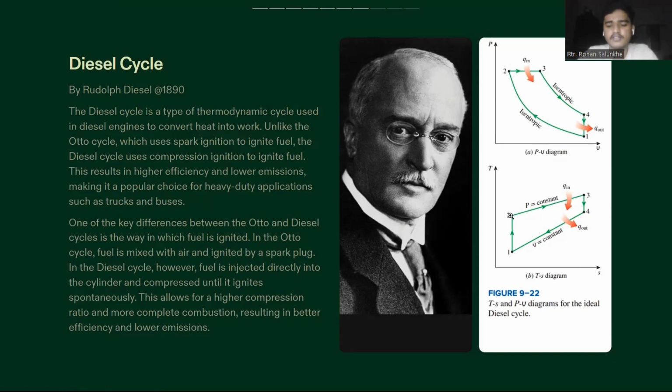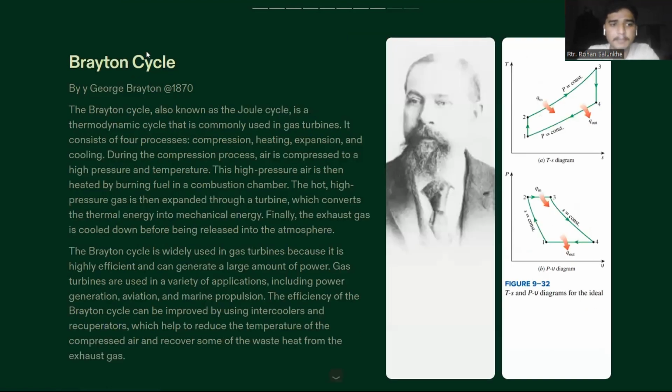Then moving towards our next cycle, the Brayton cycle. The Brayton cycle was proposed by George Brayton in 1870. The Brayton cycle, also known as the Joule cycle, is the thermodynamic cycle commonly used in gas turbines. It consists of four processes: compression, heating, expansion, and cooling.